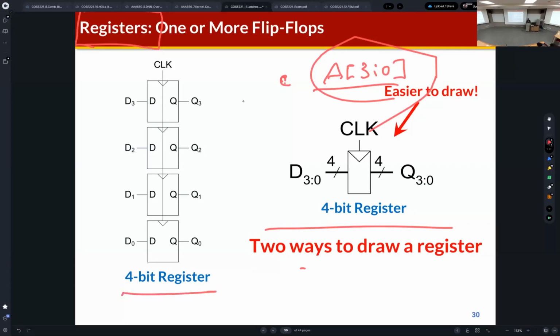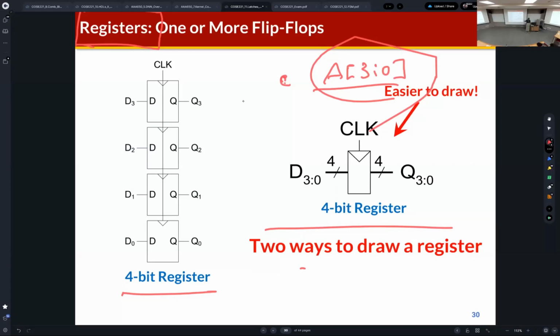In this figure, you can find 4 flip-flops. Each bit of D is connected to the input of a D flip-flop, and then you can also generate multiple bits of Q. So we can connect multiple bits of input signal to multiple D flip-flops, and this is called a register.